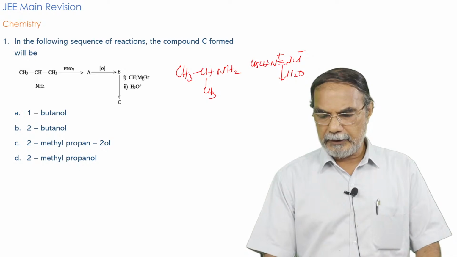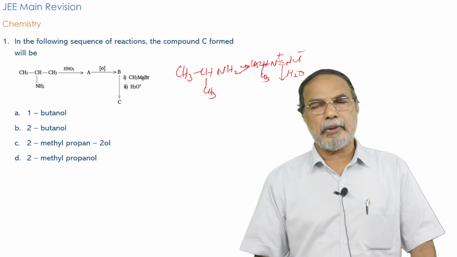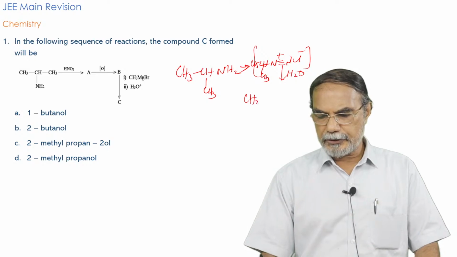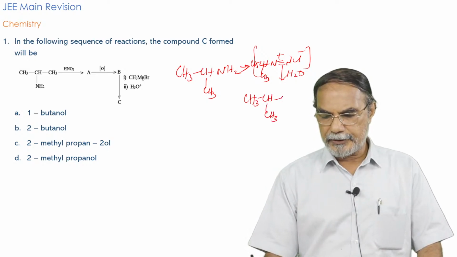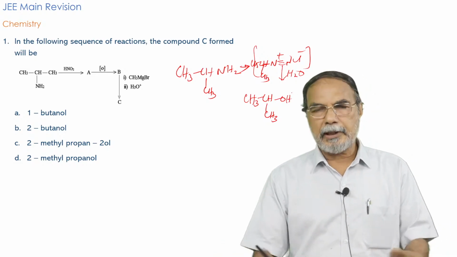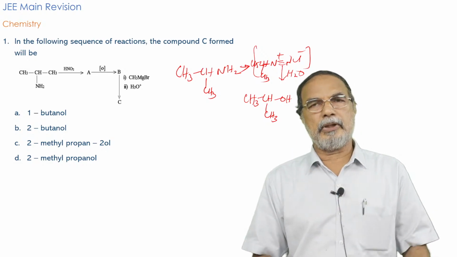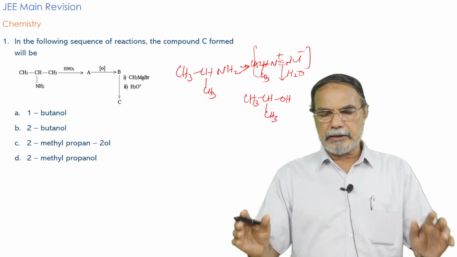This is the unstable diazonium salt. It decomposes very easily with water to give the compound CH3, CH, CH3, OH. So the total chemistry is the conversion of the NH2 group into an OH group. In the place of the NH2 group, you are getting an OH group. That is the net result of the reaction.